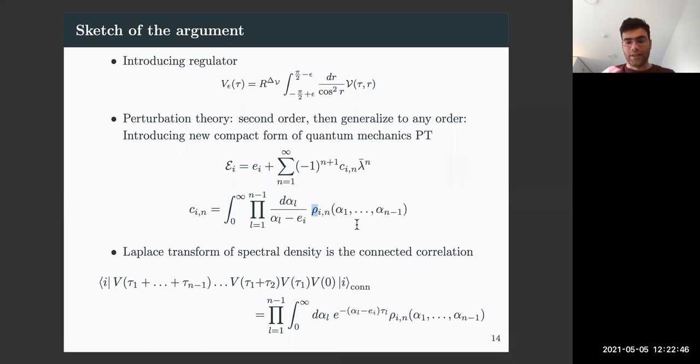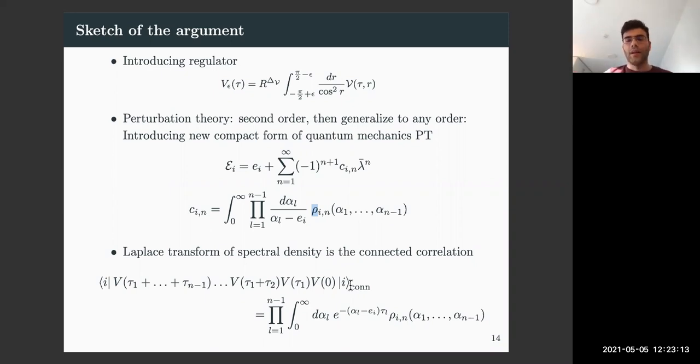This spectral density is related to connected correlations of insertions of this potential V, the interaction, at different points. A Laplace transformation of this spectral density gives the connected correlations. By connected correlation, we mean that we subtract the parts where the insertion is the same state i.